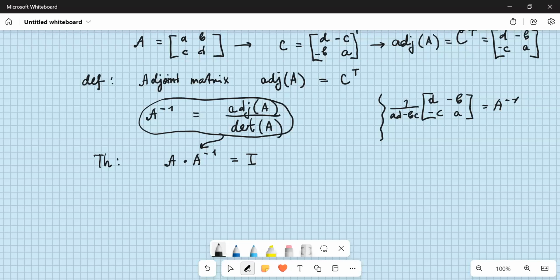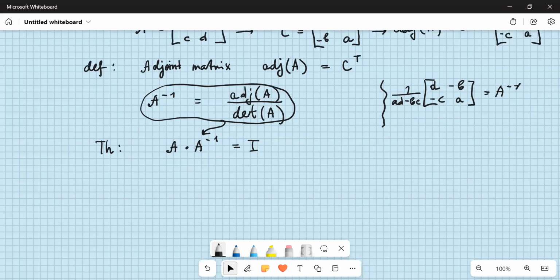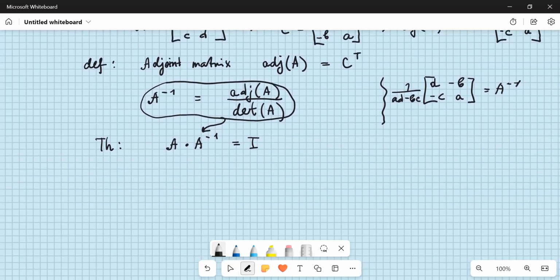And again, the inverse matrix here is the adjoint matrix divided by the determinant of A. I'm going to write down everything in terms of this adjoint matrix and determinant: matrix A, then adjoint of A, and then divided by the determinant of A, supposed to be equal to the identity matrix, right?